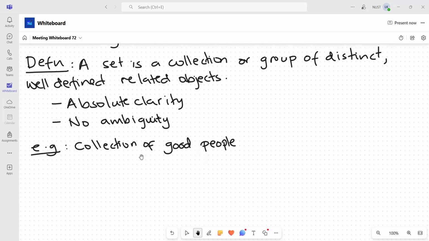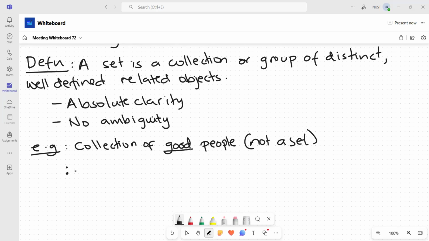So this is not a set, because the word good can be left up to one's own judgment. What one person considers good is not necessarily what another would consider good.